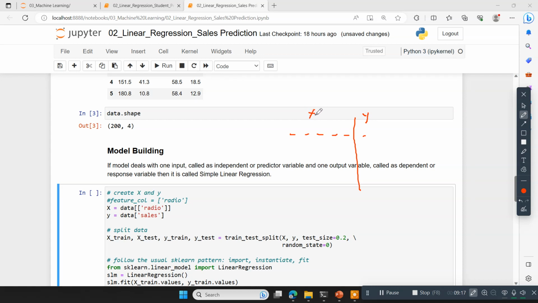X is nothing but the set of predictors. You put all the variables or features into x, and you have to separate this into 4 parts. This part is called x train, and this part is called x test. This part is called y train, and this part is called y test.